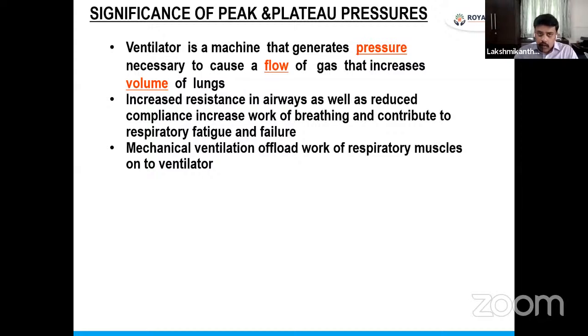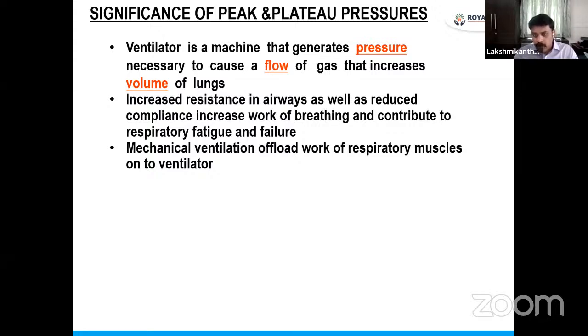So this ARDS, as Dr. Ayyappan already said, is predominantly a problem of compliance rather than resistance. So the problem is predominantly in your lungs, at the alveolar level, where compliance, as we all know, is nothing but the change in volume over the change in pressure. So how much pressure is needed for the tidal volume to be generated in the alveoli?